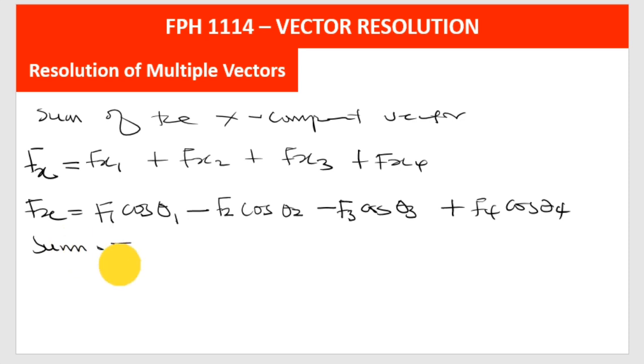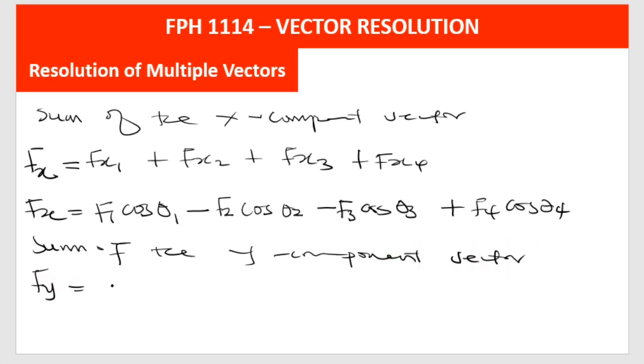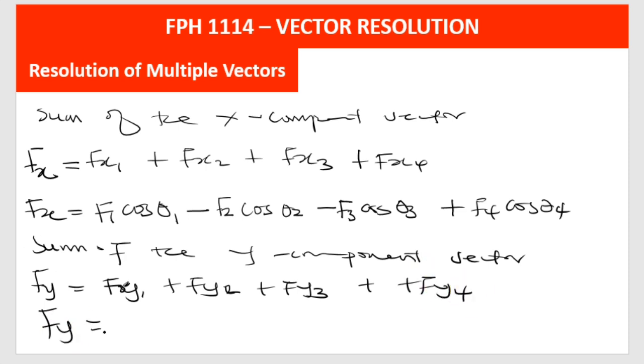Now the sum of the y component vector, we have fy is equal to what? fy1 plus fy2 plus fy3 plus fy4. So here I have fy equal to f1 sine theta 1 plus f2 sine theta 2.